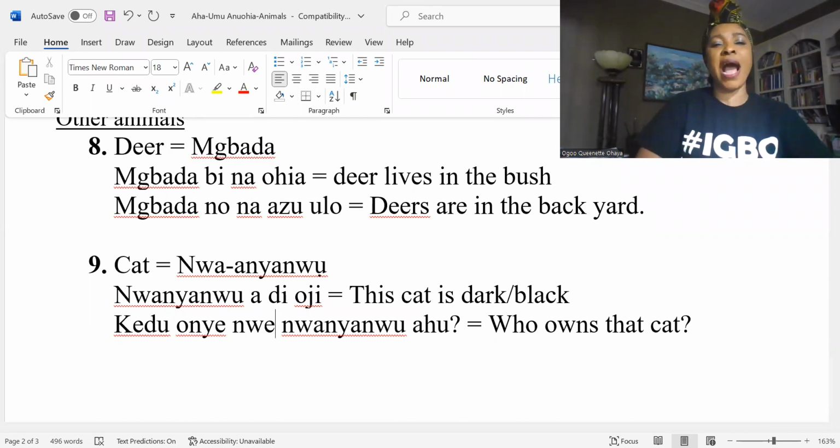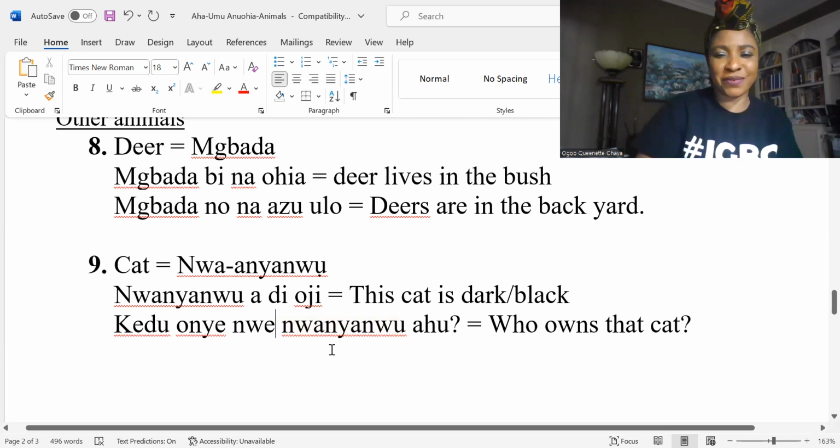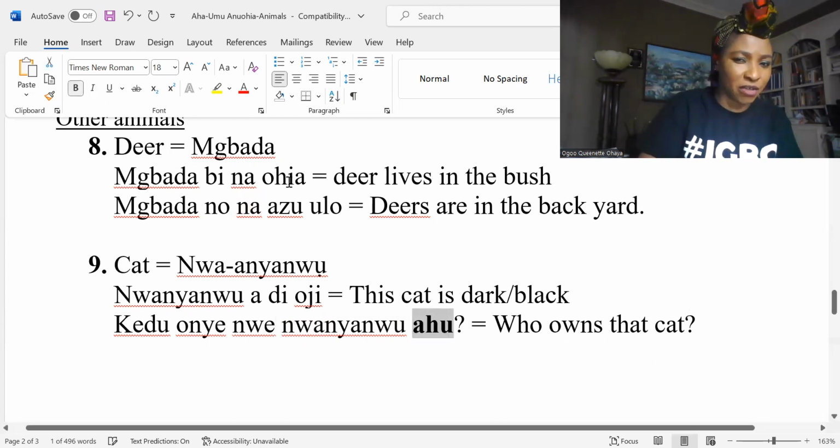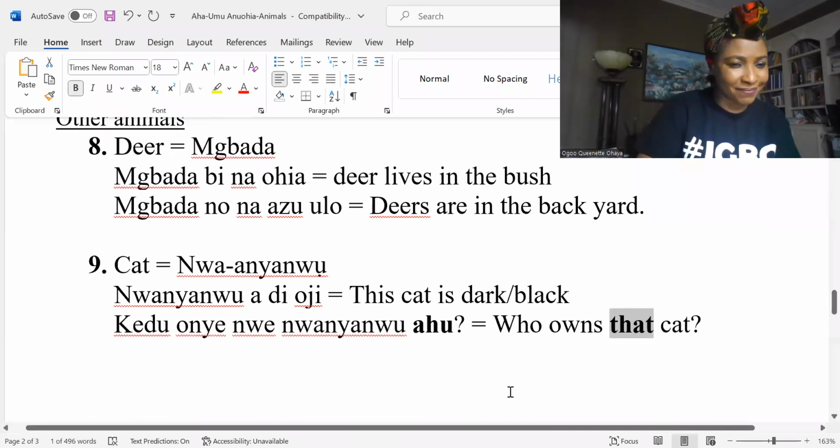Kedonye mwe. I want you to pronounce that word. How do you say cat? Wanya wo. Yes. Na kedonye wanya wo aho. Whenever you see aho, it represents what? That. There you go. Is that your question? Yeah, that's it.